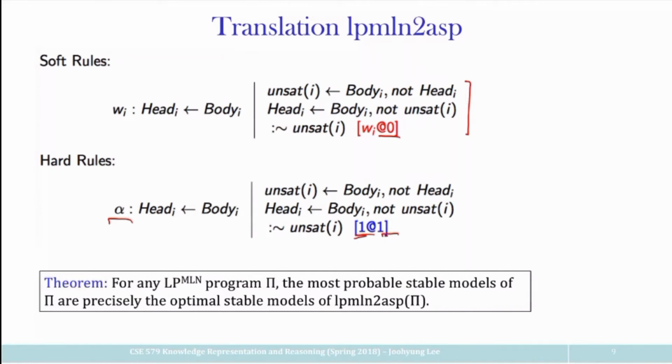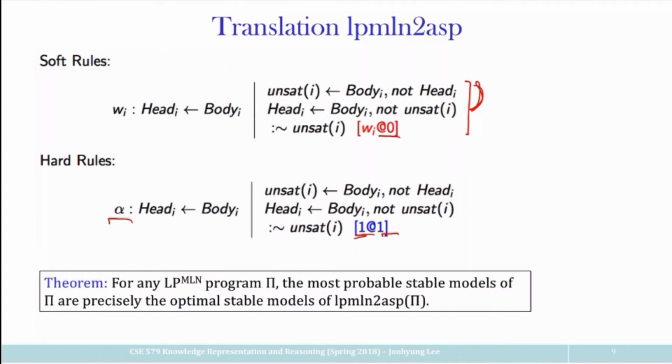Instead of writing these two rules, I would have written a choice rule: choose exactly one from unset I or head I if the body is true. Oh, you're suggesting a different encoding. Yeah, I'm asking if that is the same. A choice rule whose head contains two items, unset I and head I, and has to choose exactly one. I think that might be possible.